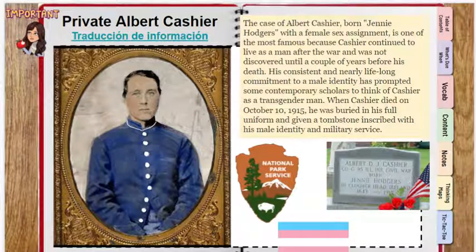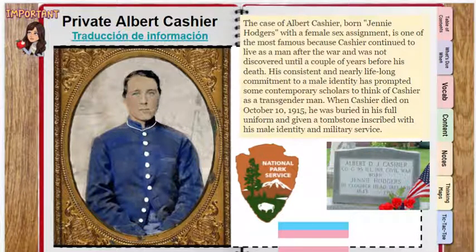So he served in the military as a man. Women who wanted to serve in the military would have to disguise themselves as men, but Private Cashier was different because he fully adopted a lifelong commitment to his male identity.